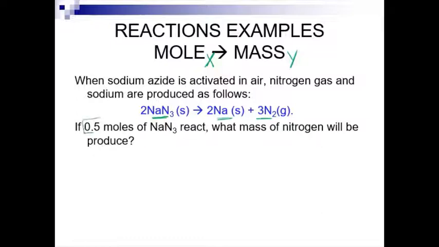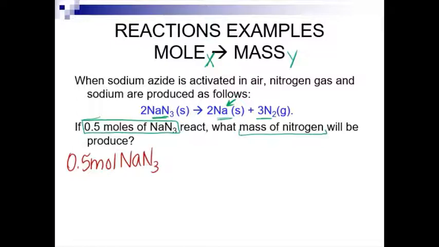If you have 0.5 moles of sodium azide, what mass of nitrogen will be produced? We get to ignore the elemental sodium right here, because it's not involved. We can only compare two things at one time. So let's start. We have 0.5 moles of sodium azide.